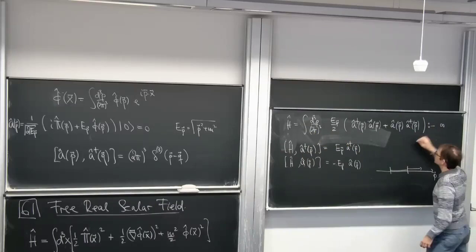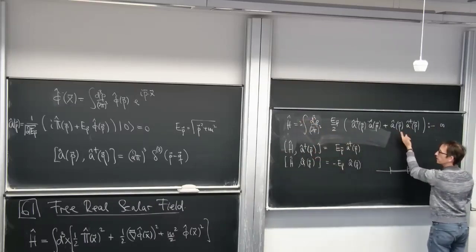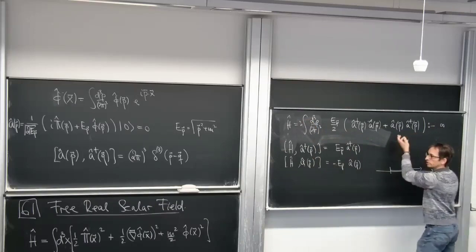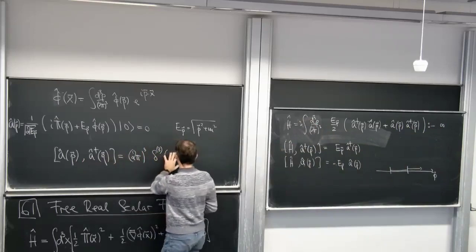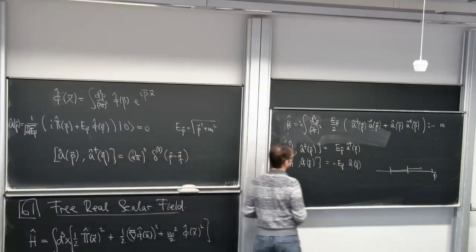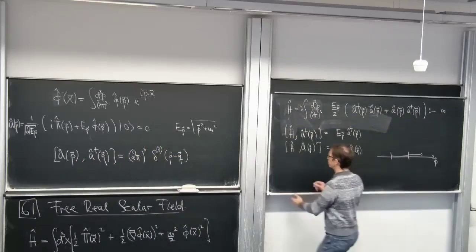So if I have this thing around, it just means we turn them around, not using this property, which would otherwise give us this delta of 0. And then we have 2 of them, and then the 2 goes away.